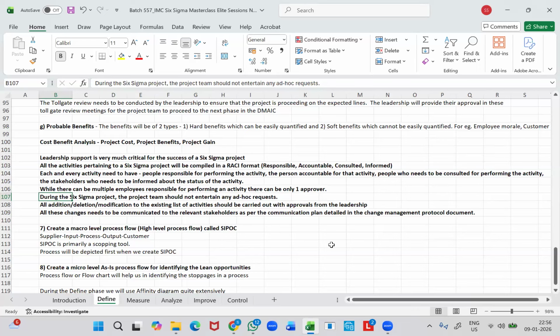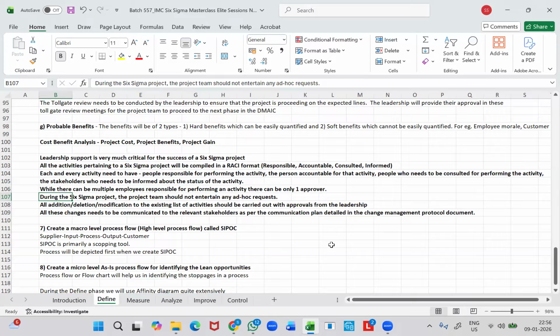And it's important that the project team doesn't entertain any ad hoc requests during the course of a Six Sigma project exercise. So as I told you, there could be multiple stakeholders who would be placing all these requests during the course of the Six Sigma project. So the project team should be careful enough not to entertain any of these ad hoc requests.